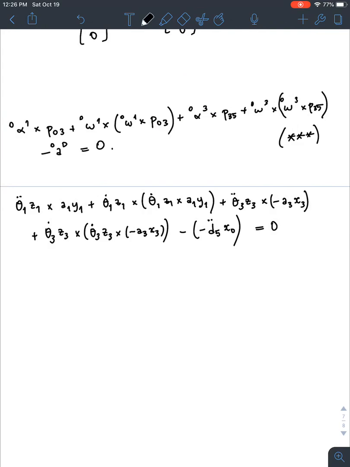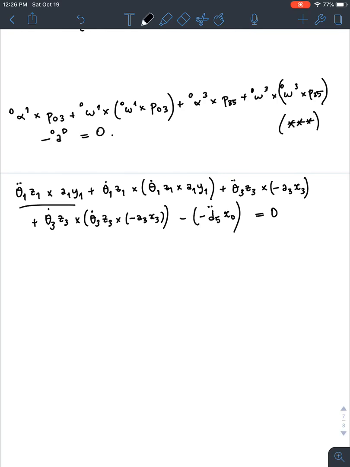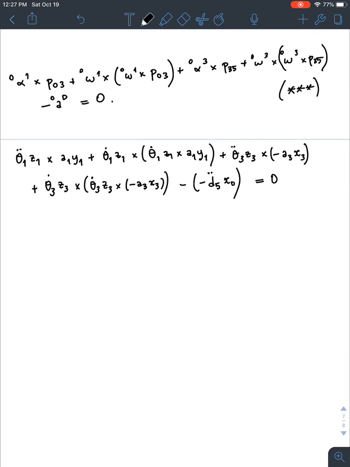So we carry on our computation. Over here we have simplified further. So let me just get rid of that actually. Okay, so z1 cross y1 is minus x1.